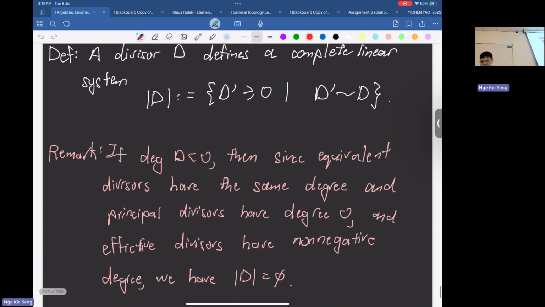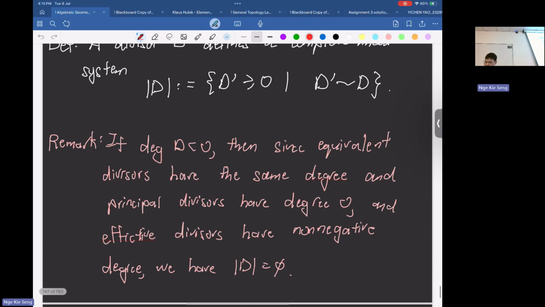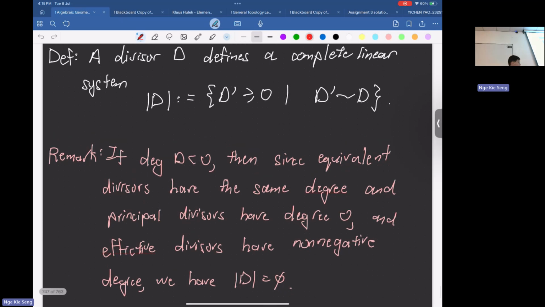Okay, and next, yesterday we defined this already. The divisor D defines a complete linear system. Yesterday we mentioned that we are collecting all the linearly equivalent effective divisors.